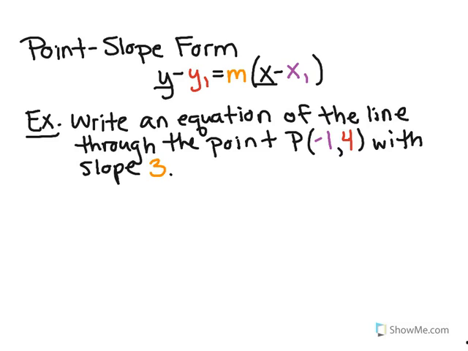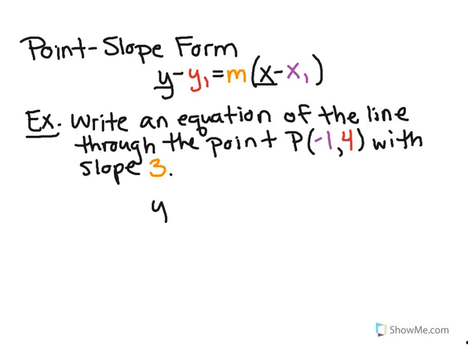So here's our example. It says, write an equation of the line through the point P, negative 1, 4, with slope 3. Now, since I'm given a slope and a point, it's wise to use point-slope form, because that's what I know. So I color-coded everything exactly how it should be in point-slope form. Now, all I have to really do is substitute everything where it belongs.